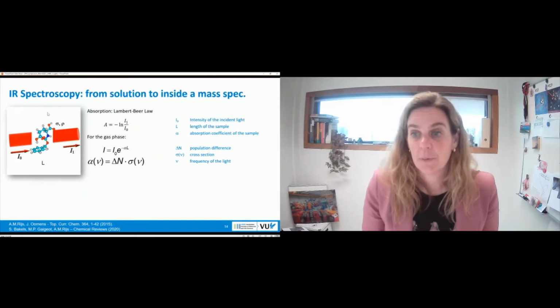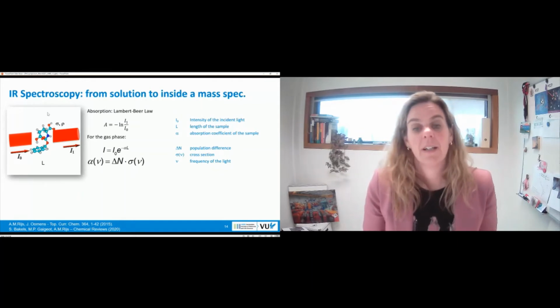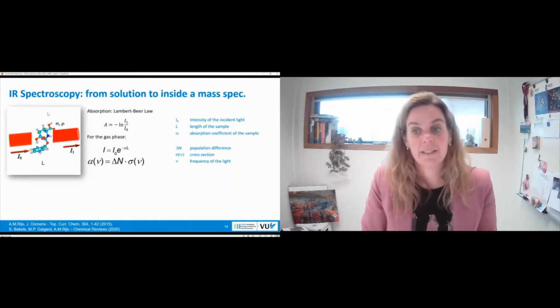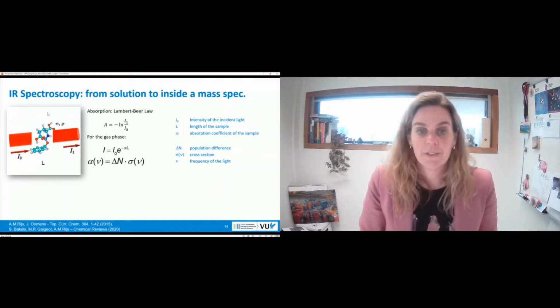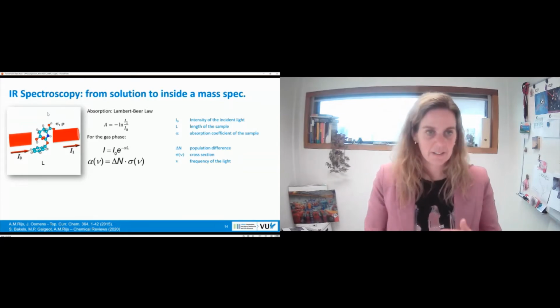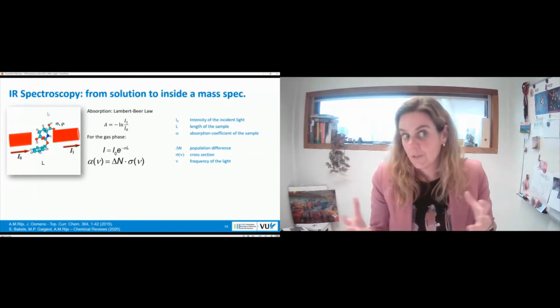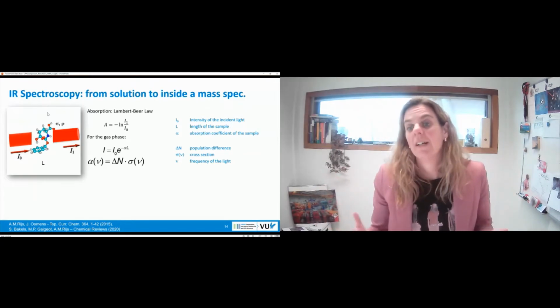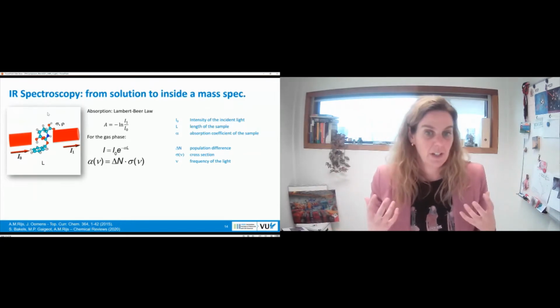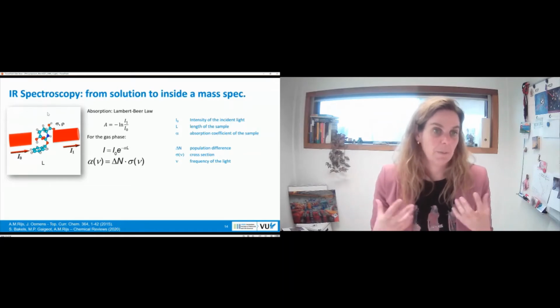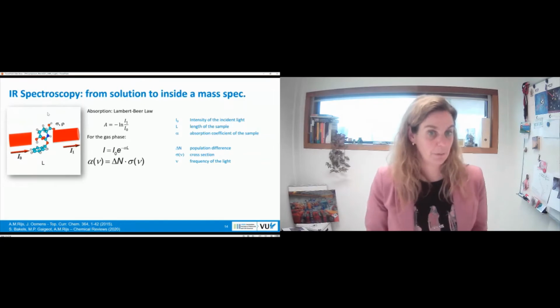Then we use the absorption coefficient, and the length of your interaction is important. The absorption coefficient combines this with the population difference: the amount of ions we have in our mass spectrometer, times the cross-section, which is proportional to how much light is absorbed. So it's the probability that you have this absorption process.